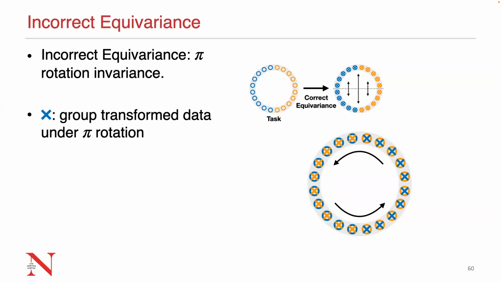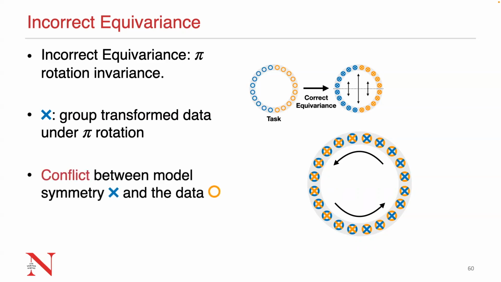As Nicholas was talking about, we will see that the group transformed data under pi rotation or under horizontal reflection will be different from what we have in the original data set. That means the model symmetry is actually conflicting with our data. In that case, if we use a network that's invariant to pi rotation, we can only get up to 50% success rate, because the network is going to assign the same label for the pi rotated data pairs.